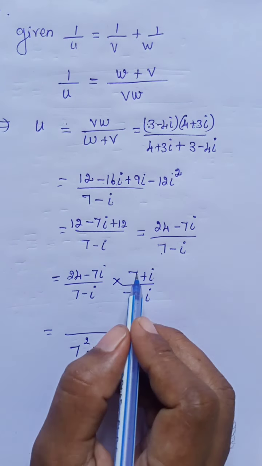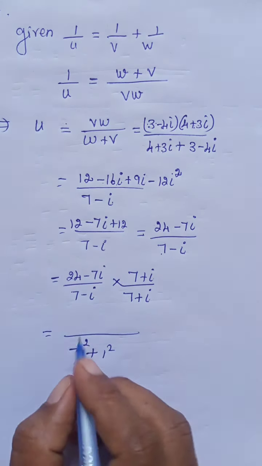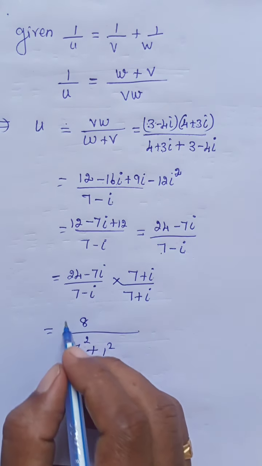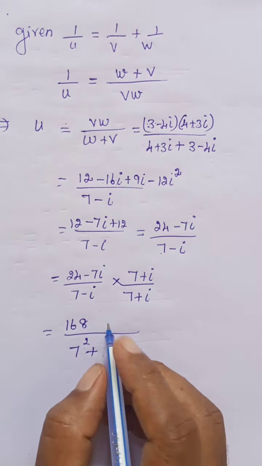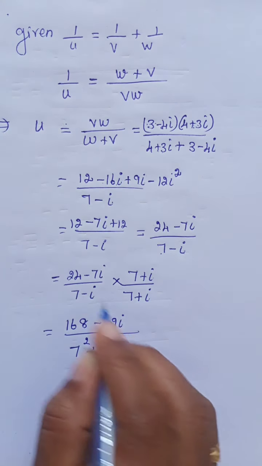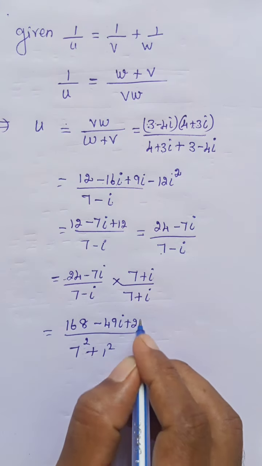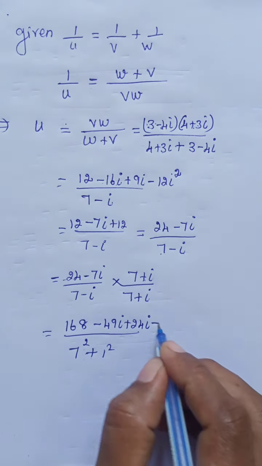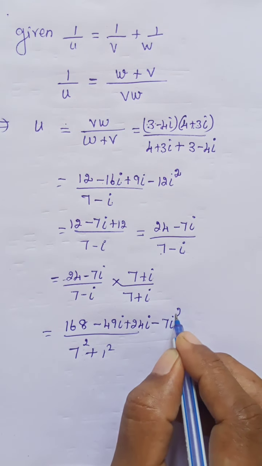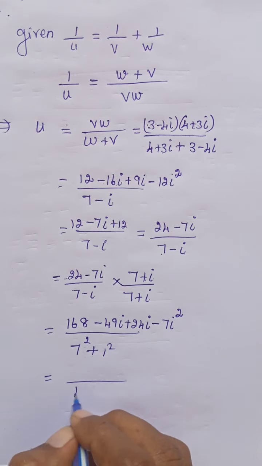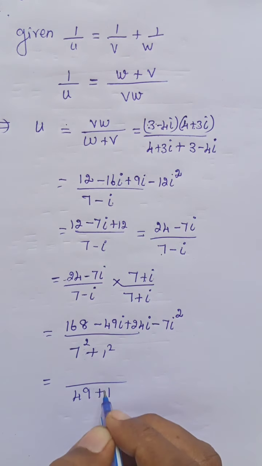Now we have to multiply the numerator. 24 into 7: 4 into 7, 28, to balance, this is 168. Minus 7 into 7, 49i. This is plus 24i. Minus into plus, minus 7i squared. So the denominator is 49 plus 1.